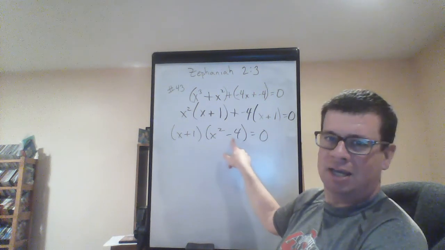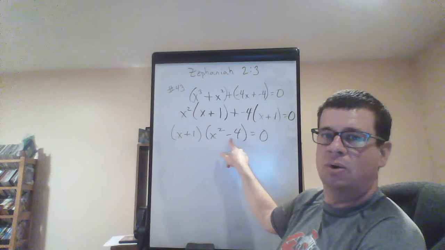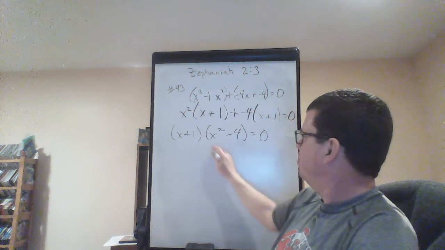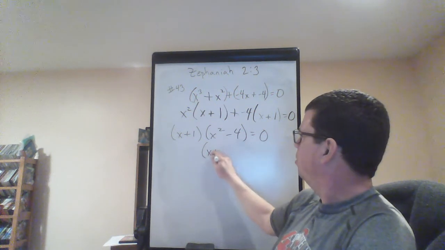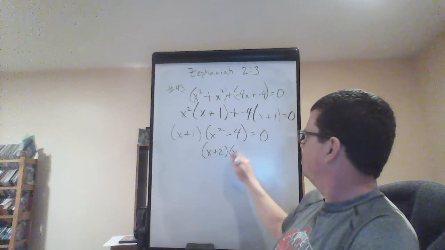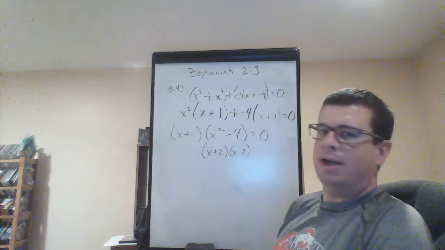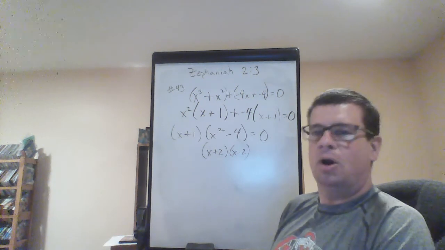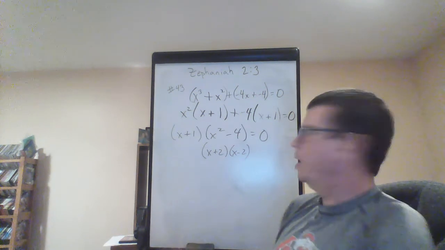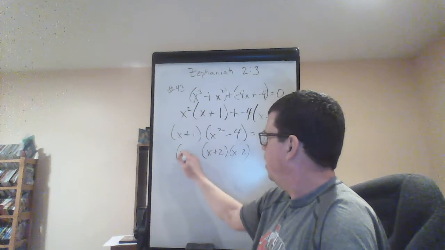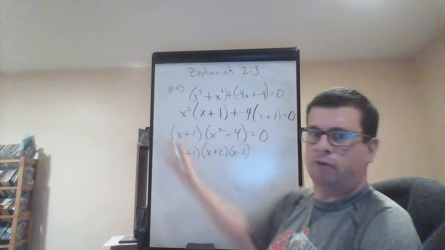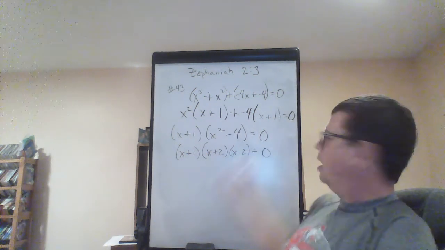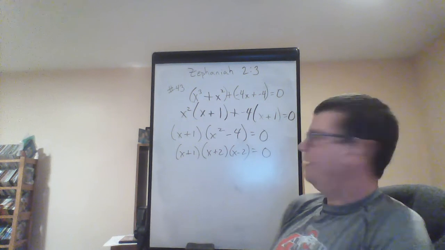This is a perfect square, x times x, and this is a perfect square, 2 times 2. And I'm subtracting them, which means I can factor that as x plus 2 and x minus 2. Learn to recognize that difference of 2 squares. Learn how to factor that difference of 2 squares. And then I've still got the x plus 1 that I had factored out from the beginning. So now I'm almost there.